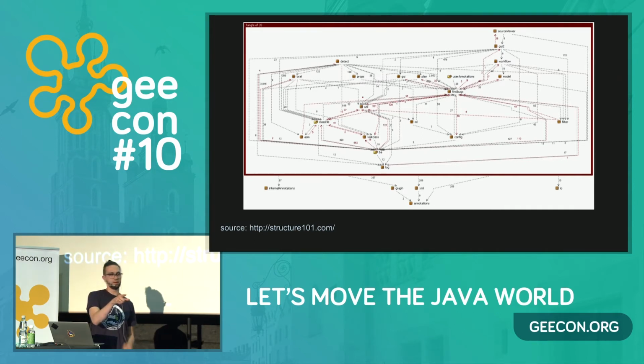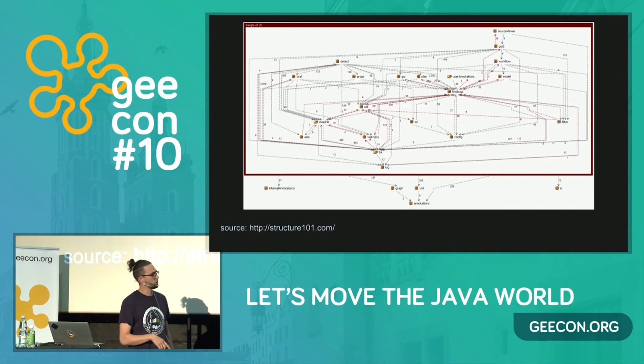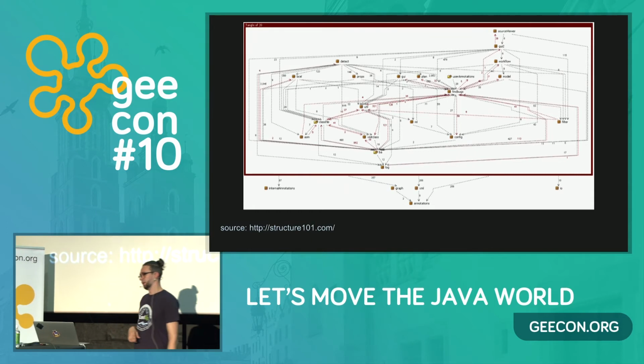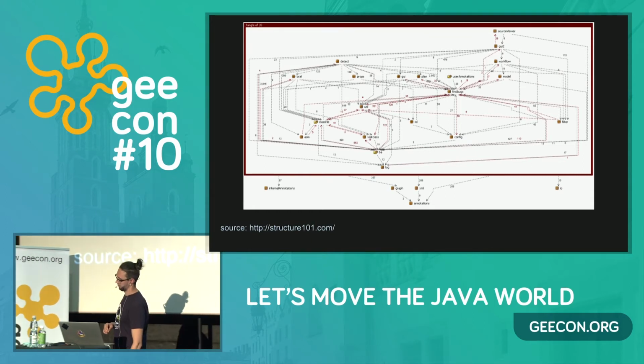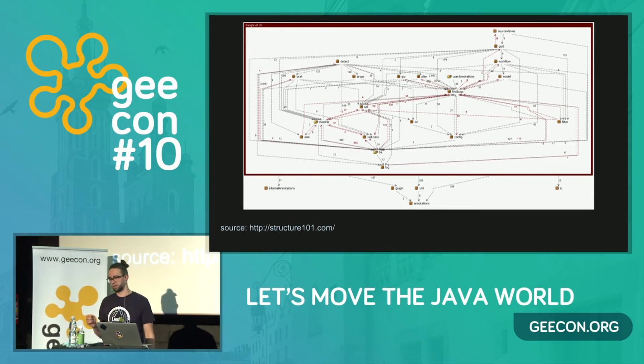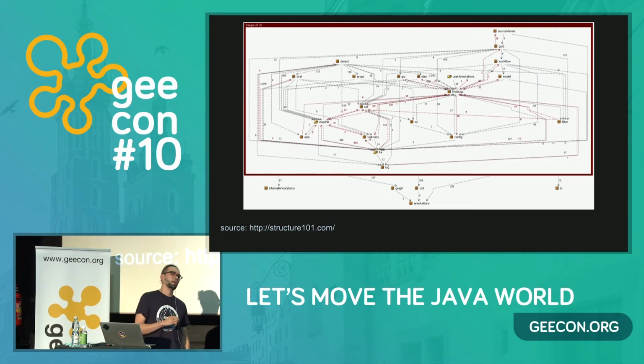Another one is Structure101. It's a tool, I believe available for Java and .NET, to measure some kind of complexity of the whole architecture of a system.